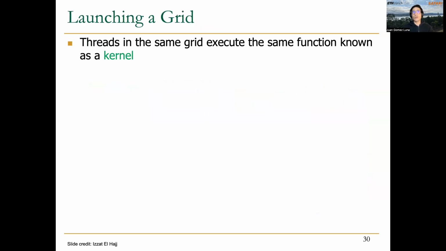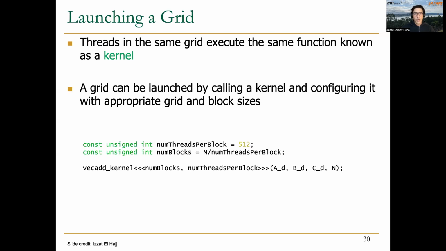So how do we launch a grid? First of all, threads in the same grid execute the same function that is known as the kernel, and the grid can be launched by calling a kernel and configuring it with appropriate grid and block sizes. Remember that we need to first define the execution configuration, which is the number of threads per block, 512 in this example, and the total number of blocks.